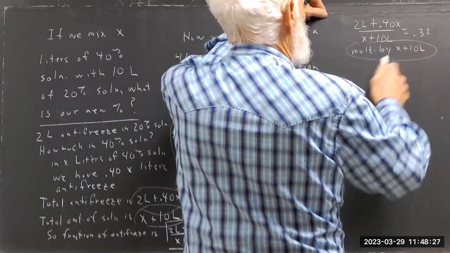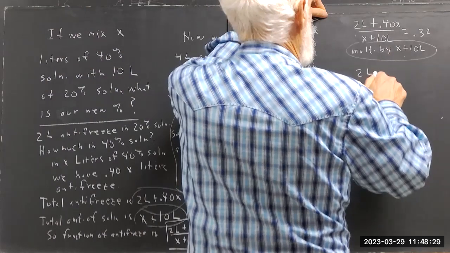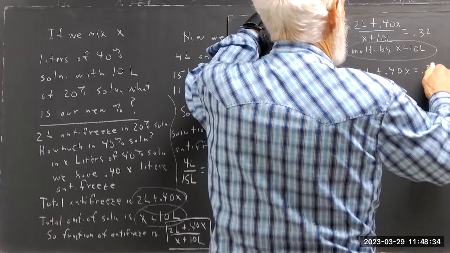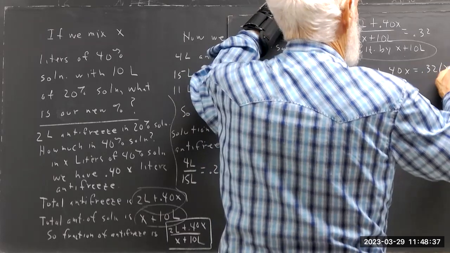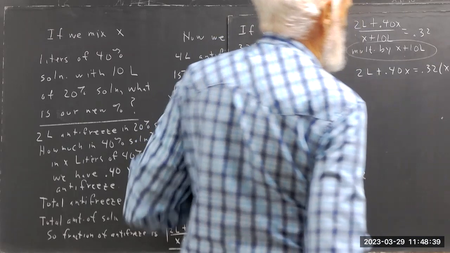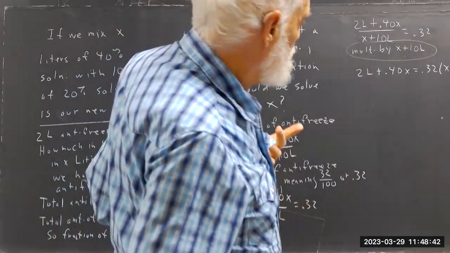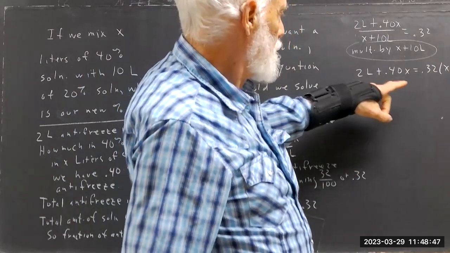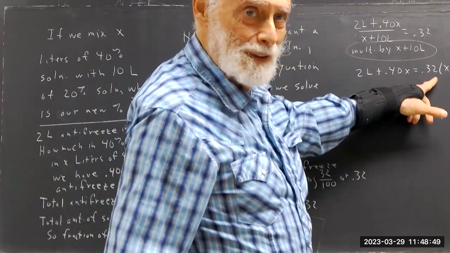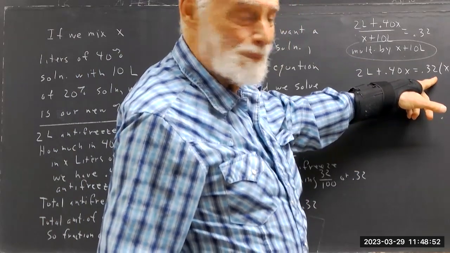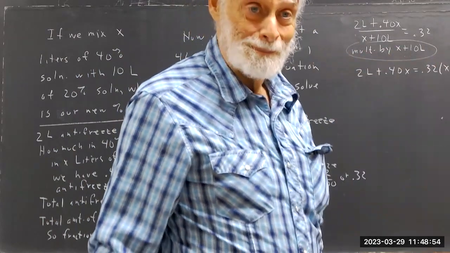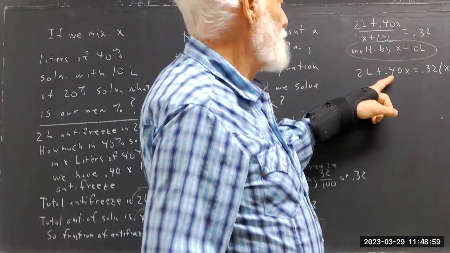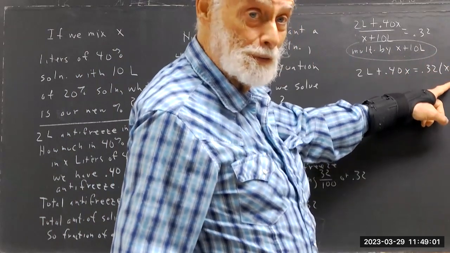Here we multiply both sides by the denominator. Now, one thing that we'll often do, but we don't really have to in this case, is this. We don't like dealing with decimals. We could multiply both sides by 100, to make that 4x, actually 40x, and this would be 32x.